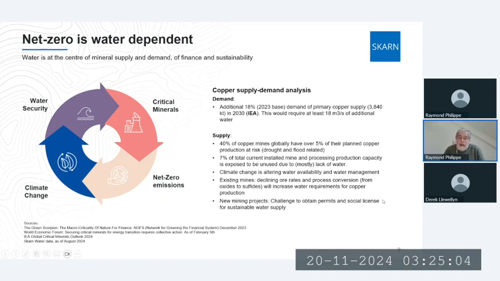The existing mines are facing a situation of declining ore grades and process conversion, as I mentioned in the case of North America, and that will increase the water requirements for copper production. And new mining projects are being challenged by obtaining permits and social license for obtaining a steady, sustainable water supply.